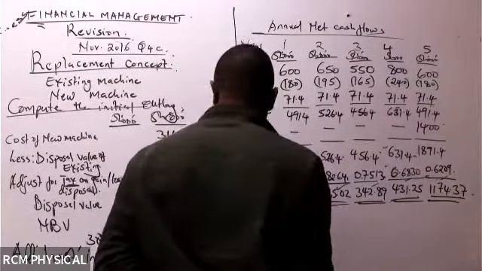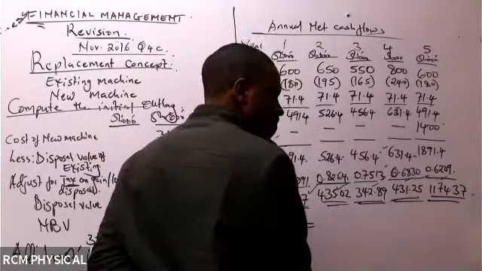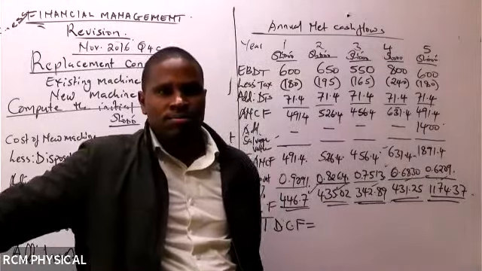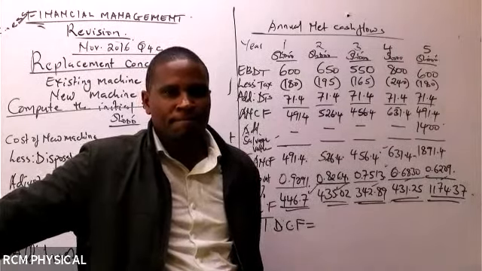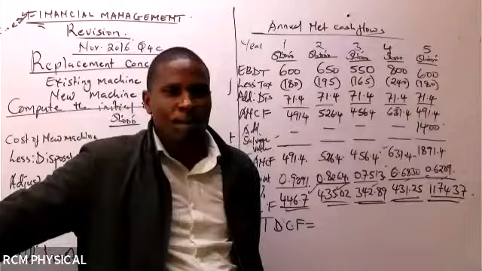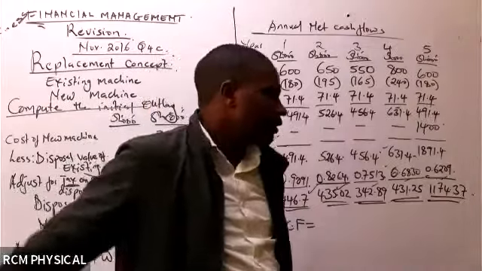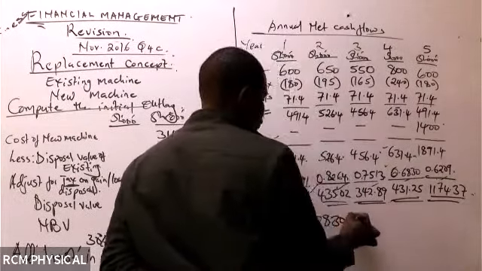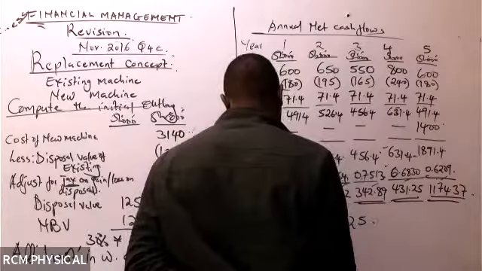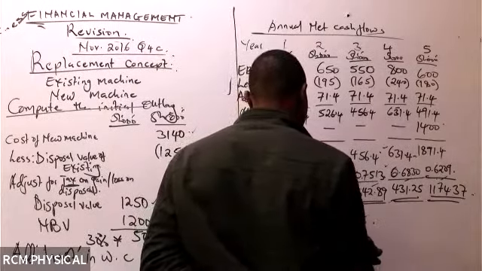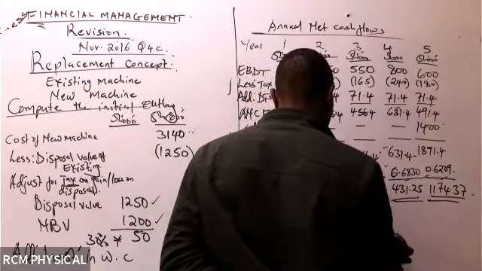We finish up. Tunapata 28 30 into 5, 28 30 25. And to get the net present value, we got 28 30 25 minus 25 55.